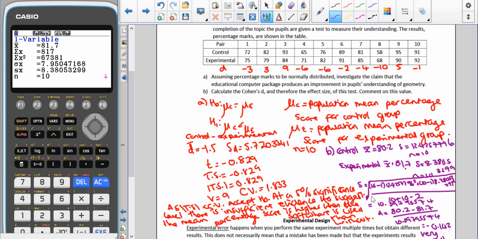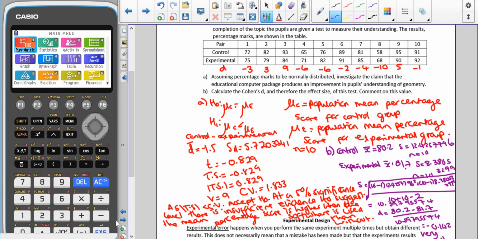Then we had to find the pooled standard deviation, so the square root of 10 minus 1 times 12.4257796 squared, plus 10 minus 1 times 3299 squared, all divided by 10 plus 10 minus 2. And remember, the whole thing there is square rooted.